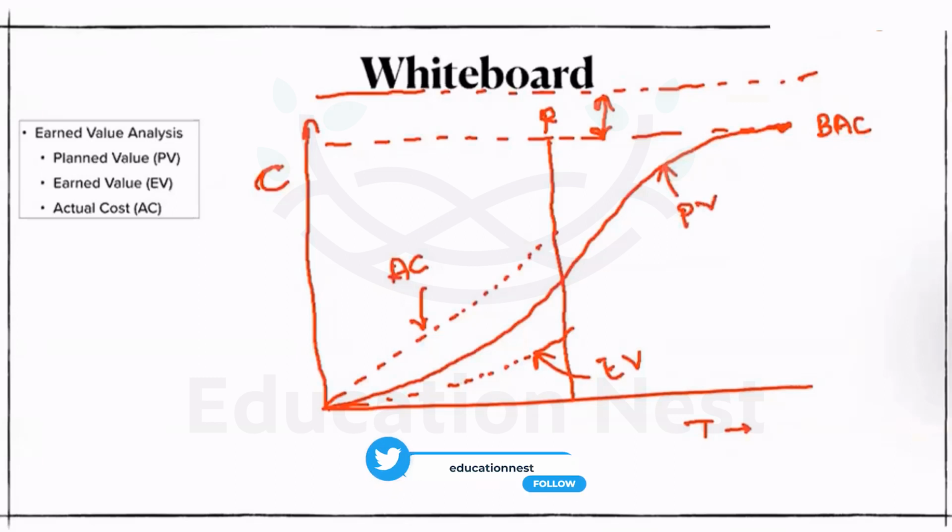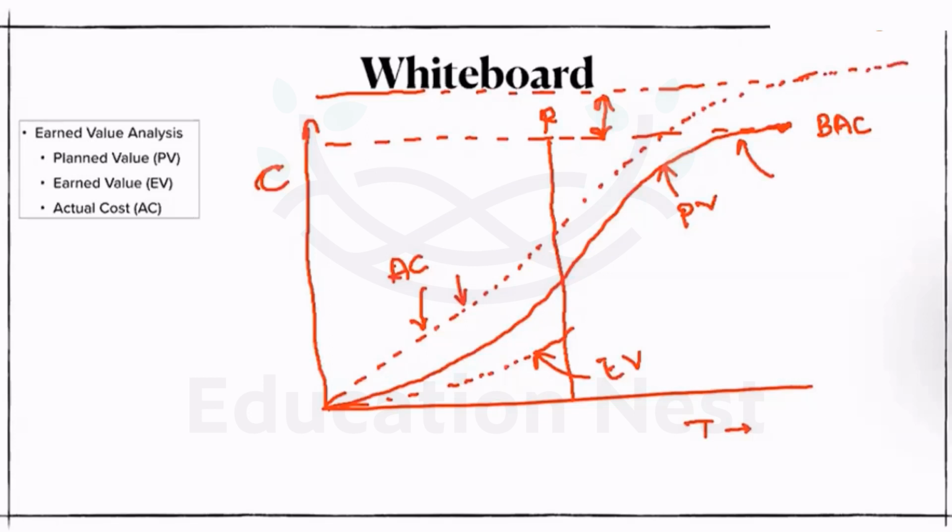So what happens here is the actual cost is here in this line, and this is the budgeted line. So if we project this line, it doesn't match with the budgeted line, right? So it goes above and beyond, and finally it reaches a point above the budget. So that is called earned actual cost.